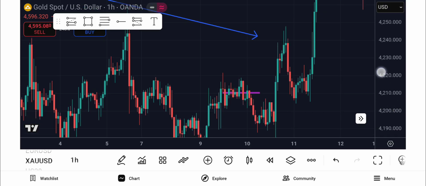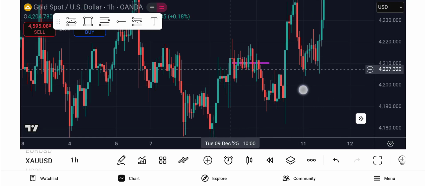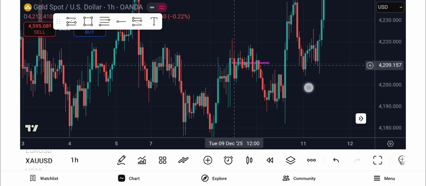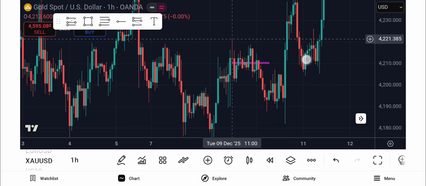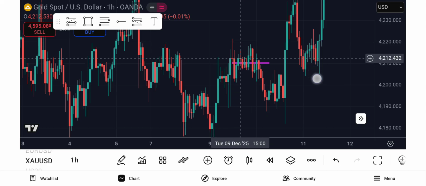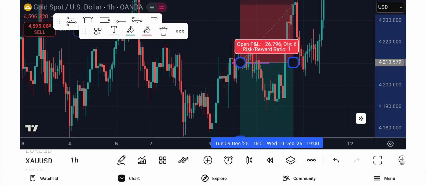It's very tight, but notice how price went back into it. It's okay for price to go all the way up as long as it doesn't pass the first candle. As long as price doesn't pass it, you'll still be valid, and you would enter this sell.